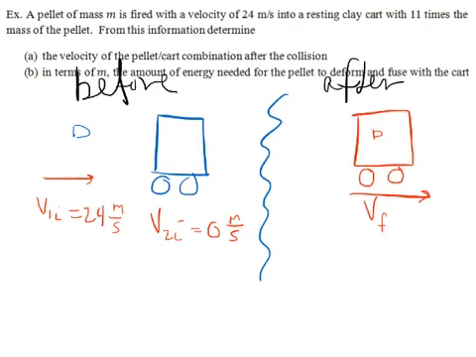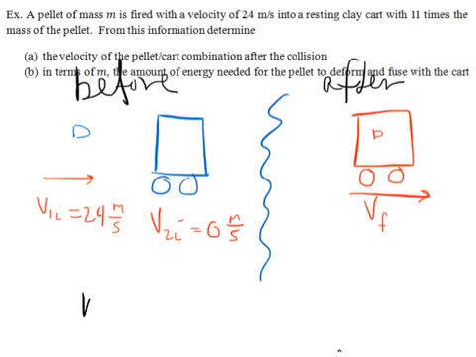Before the problem started, or before the collision occurred, what object had momentum beforehand, Garrett? Pellet. The pellet only. So the pellet's mass is m, right? What's the mass of the pellet? m.